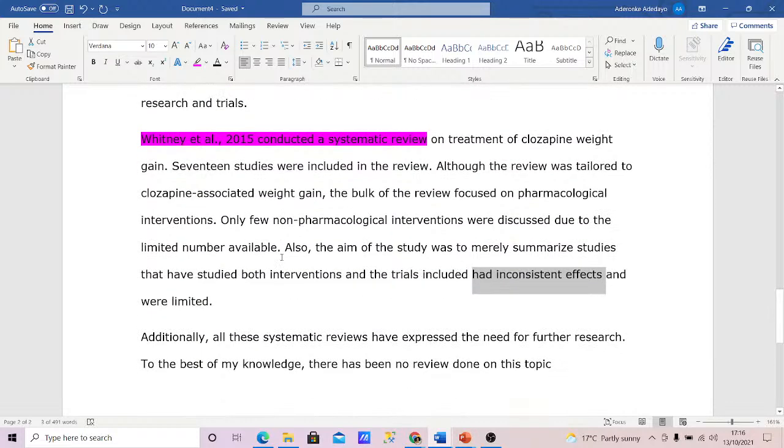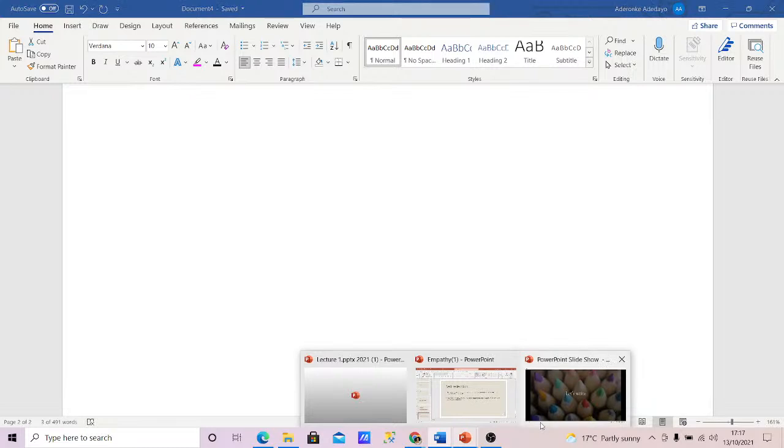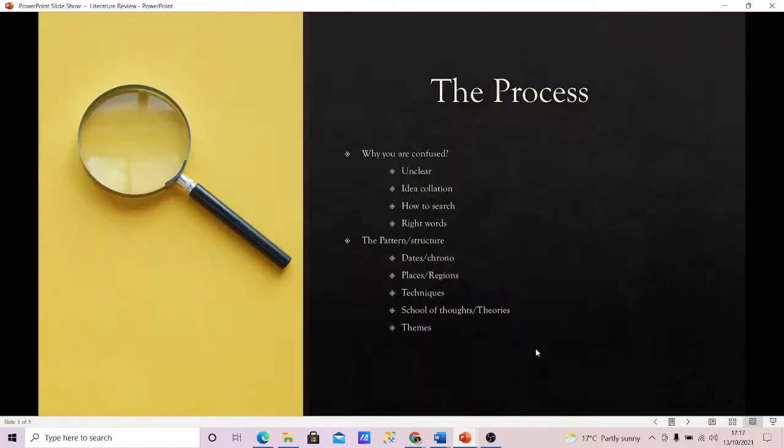Now you see that I mentioned pattern, and that's the most crucial thing when it comes to your literature review. There needs to be a process, there needs to be a pattern. So what the example I've just showed you has done is it has showed you that there are so many studies that have carried out something close to what I'm about to carry out, but the problem is there are inconsistencies in their findings.